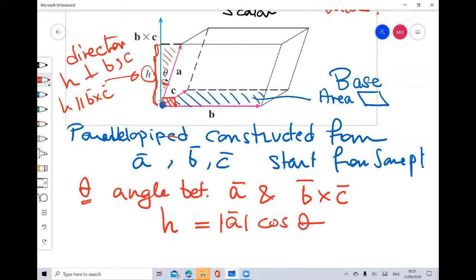It is the adjacent of the angle, so it's a cosine: the length of A times cosine theta.